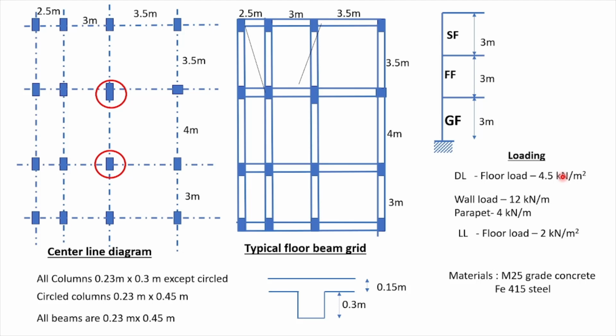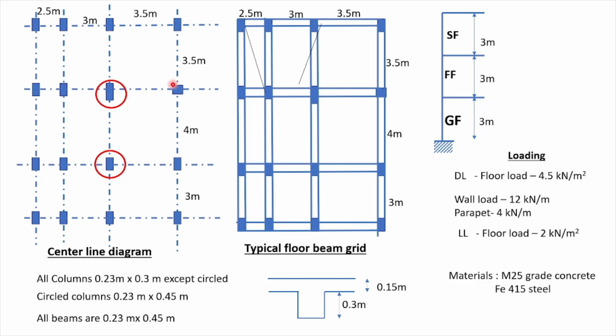One more important point we have to notice is the direction of these columns. If you look at these columns, it's a rectangle, the depth is in this vertical direction and the width is in the horizontal direction. So this is 0.3 and this is 0.2. For the circled one, this is 0.45 and the width direction is 0.23.